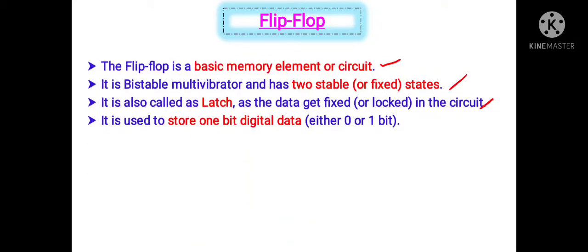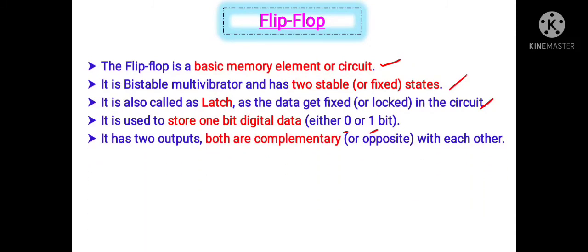Next, it is used to store 1-bit digital data, we can say binary data, and of course that bit may be either 0 or 1, which is stored in this flip-flop. It has two outputs, and both outputs are complementary or opposite of each other.